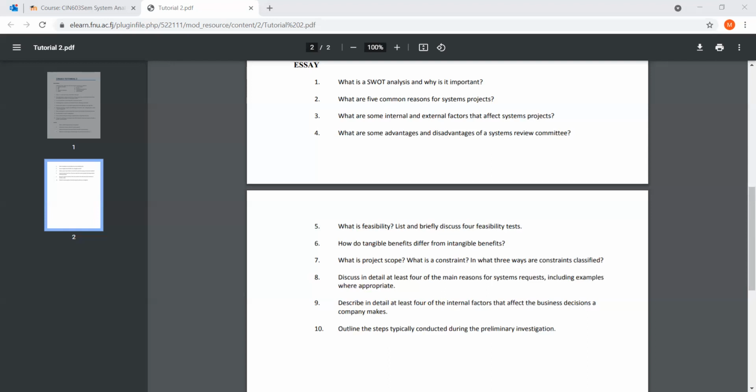Now, let's write down the importance of SWOT analysis. Number 1, it determines whether the business is healthy or sick.